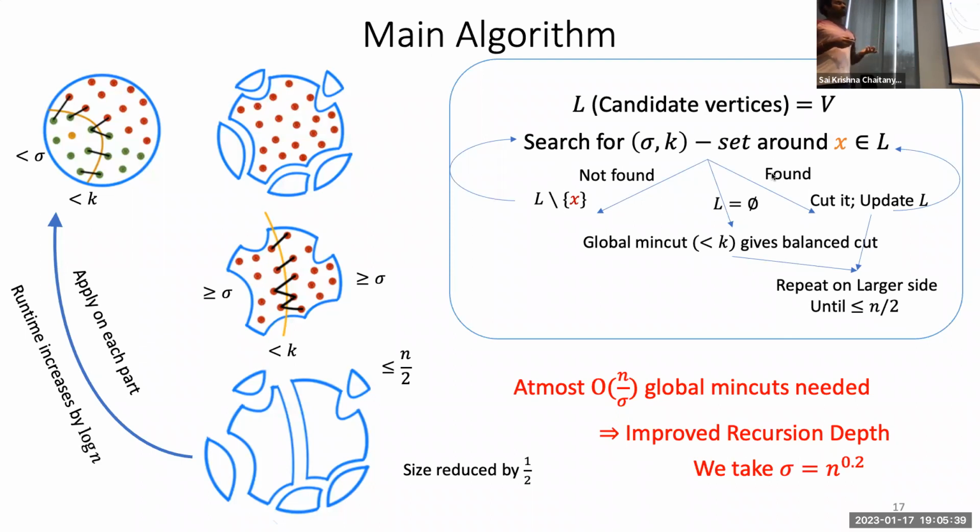So the number of vertices added to this candidate set is basically the number of edges in the graph. So we only use at most m many local cuts. So the total runtime that we get for local cuts is m sigma power 4, and for the global cuts it's m n by sigma, and that is why the total becomes balanced at sigma equal to n power 0.2.